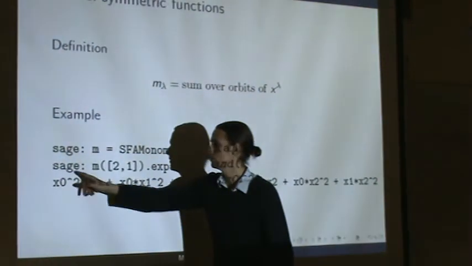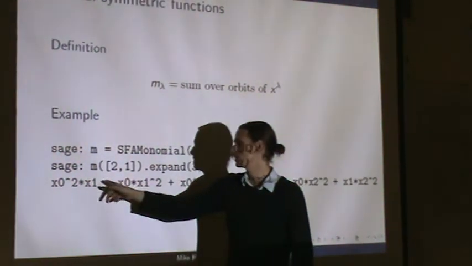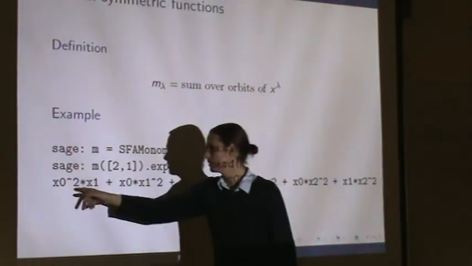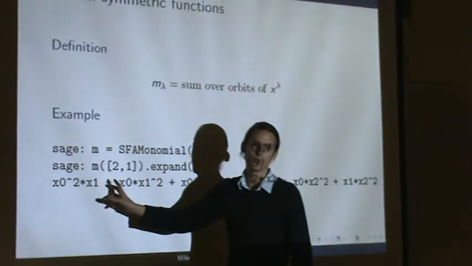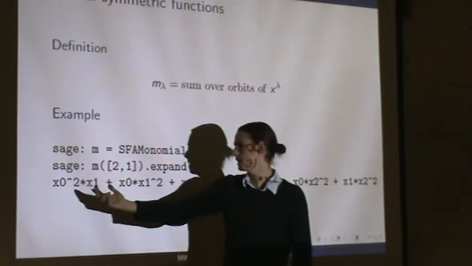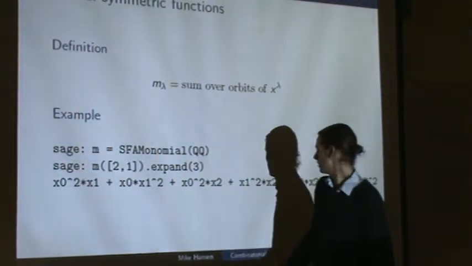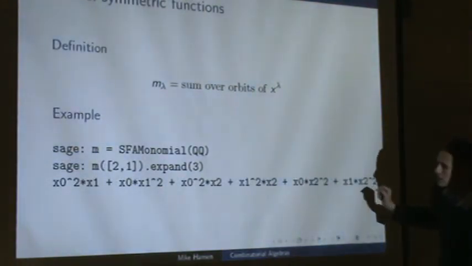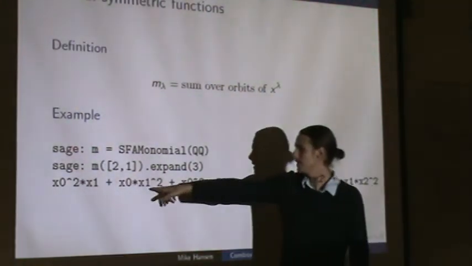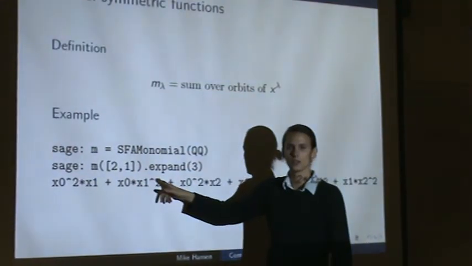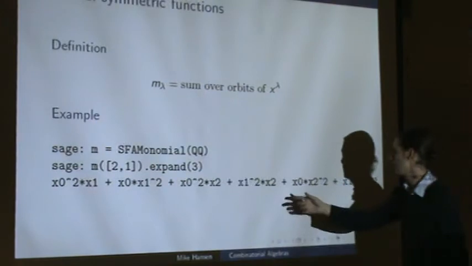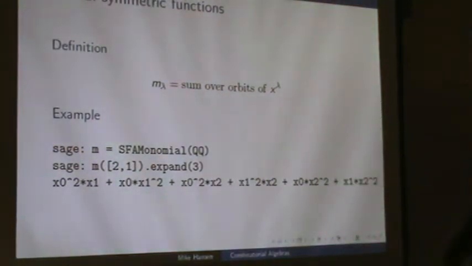Here's the power of 2 corresponding to that, and here's the power of 1. Well, if x0 and x1 are there, we should be able to switch them, because this has to be symmetric. So we see x0 times x1 squared. Or you could swap the x1 with x2, and that'll appear there. So these are the monomial symmetric functions.